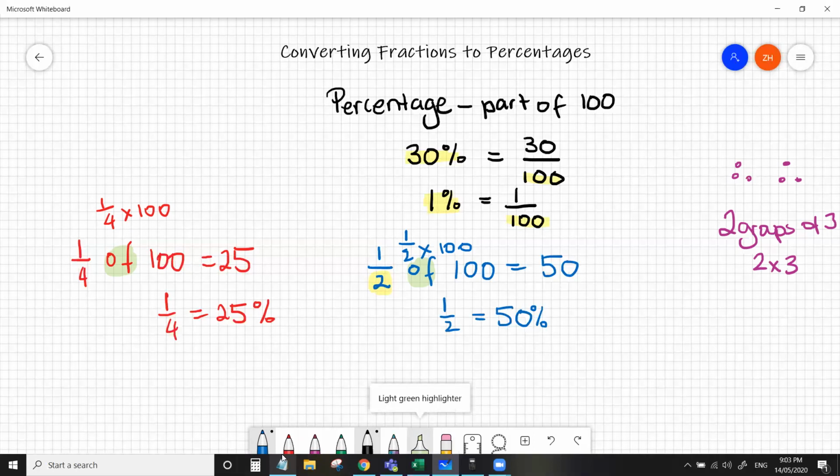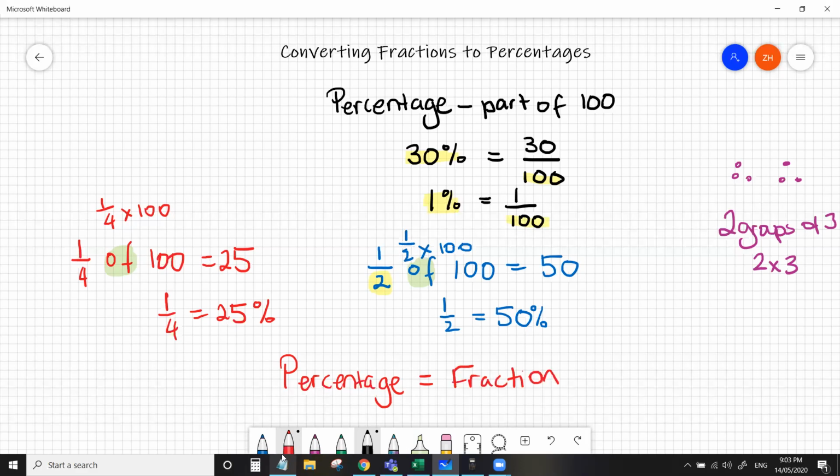So what that means is to find a percentage from a fraction, all we have to do is take the fraction and multiply it by 100. So the percentage is the fraction times 100, and then we just attach a percent sign at the end.